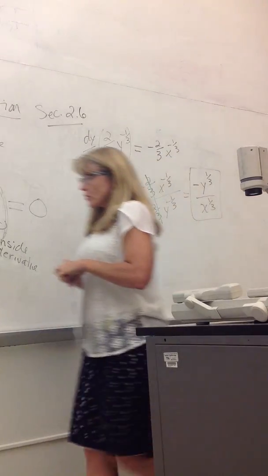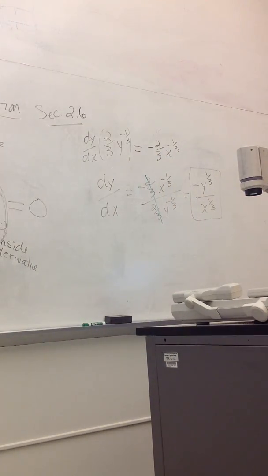So if I knew a particular point on the curve, I could plug the y and the x on the curve into that formula, and it would tell me the slope at that point. A lot of times the points that you get are not real clean, because these formulas are usually not.